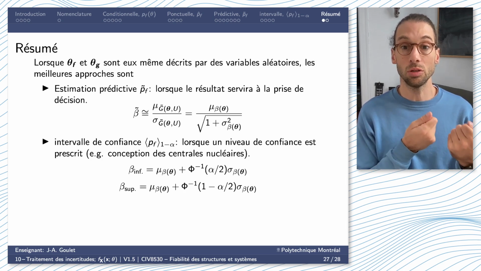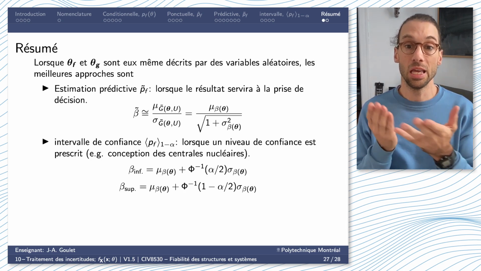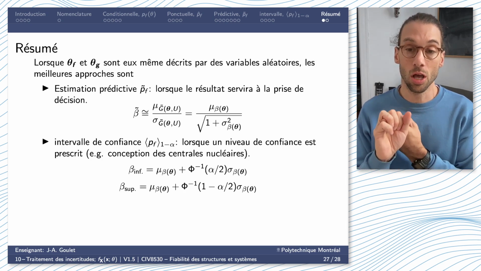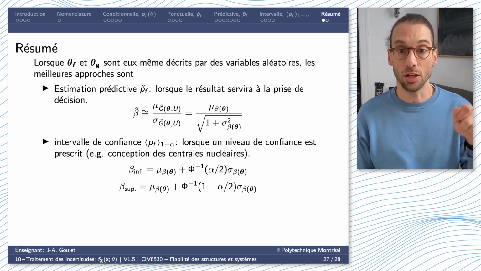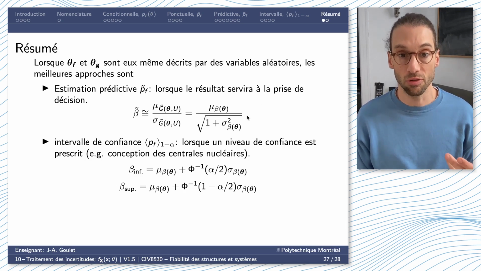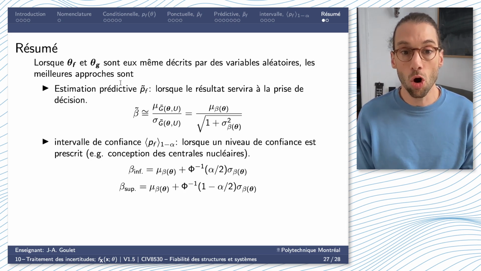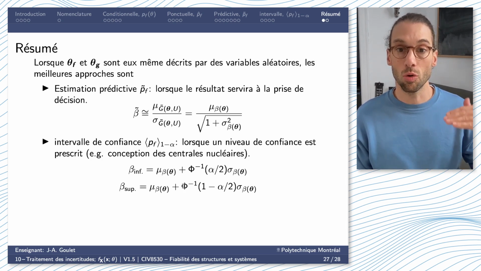And we want to include the effect of not knowing exactly those parameter values on PF by using a predictive estimate, marginalizing out the effect of the uncertain parameters. And if we want to use the linear approximation to do so, we can follow that formulation, which is fairly inexpensive to do. Or we can define those confidence regions with a lower and upper bound.